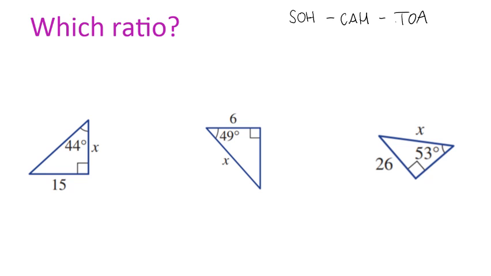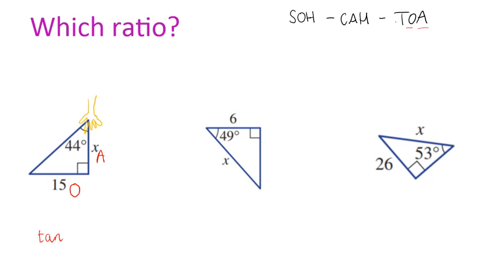So if I put my hand on the angle, which in this case is 44, I won't ever be able to touch the opposite side. So that must mean this is the opposite side. The hypotenuse doesn't have any information, so I won't label it. And this is the adjacent side. So if I've got O and A, that is going to be tan.